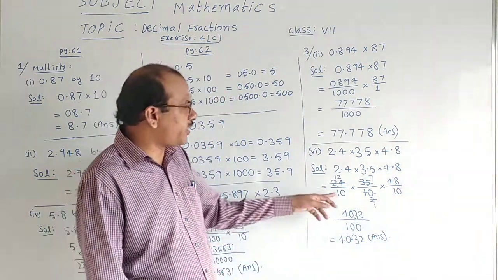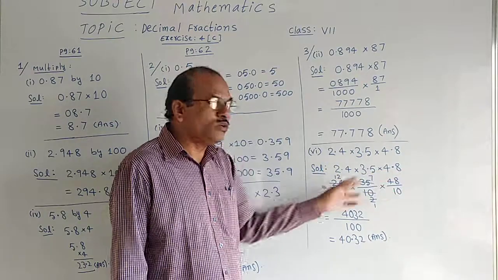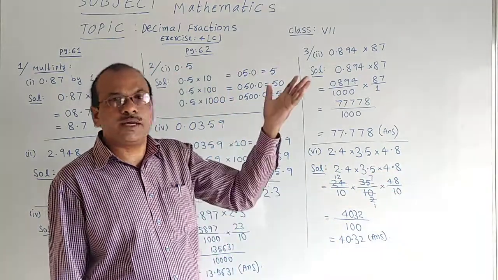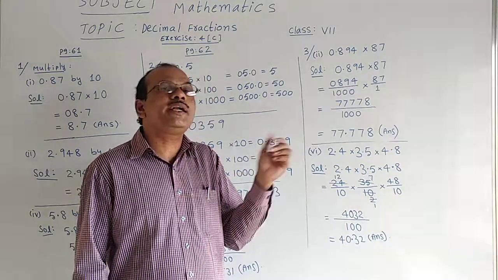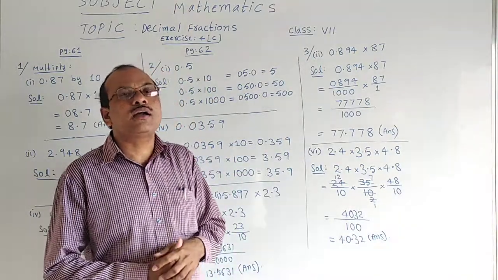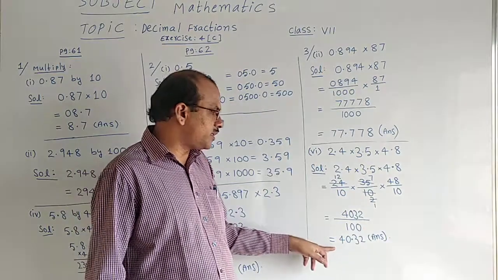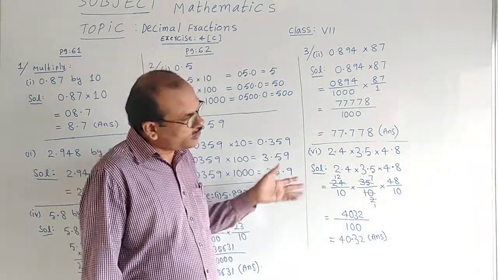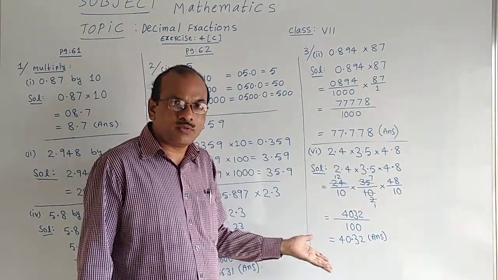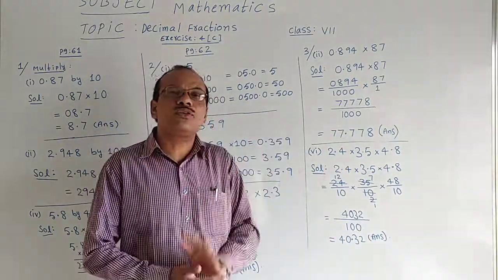That is 40.32. Suppose if you cancel here, then you will get another numerator, and the denominator also another. Then you have to divide in the rough like an ordinary division. Then also you will get the same answer. Nothing difficult or nothing different. You may go for that procedure or this procedure. But the final answer remains the same.